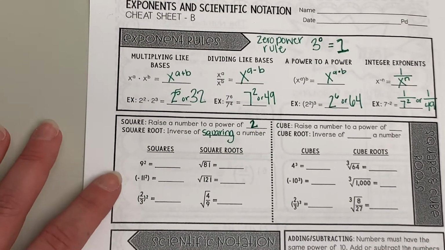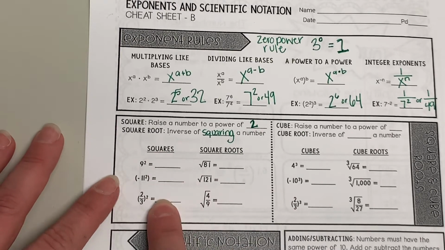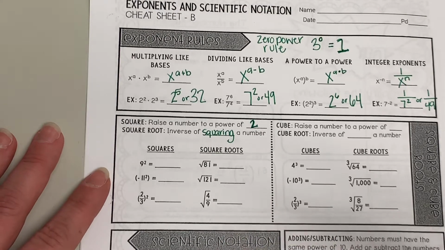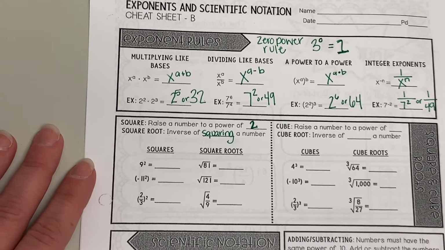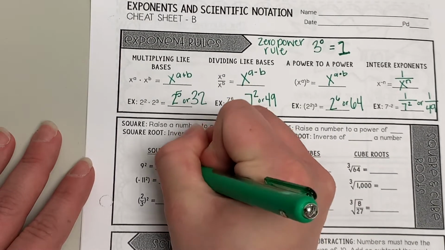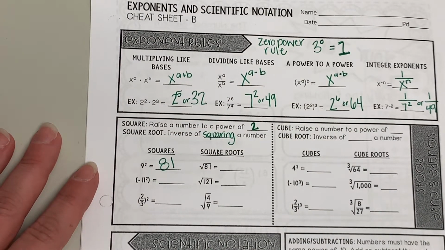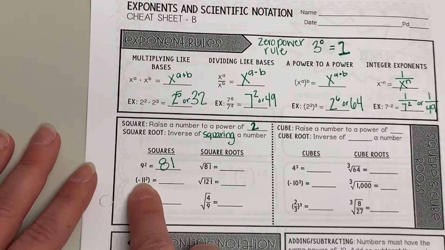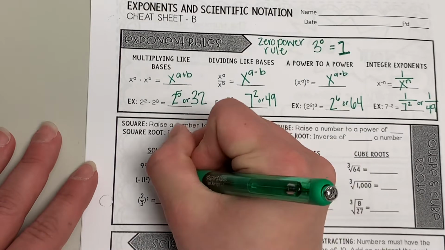So let's try. If I'm squaring, I'm making it bigger. Square rooting, I'm making it smaller. You're getting to the root of that number. 9 squared, 81. Negative 11 squared. Don't forget, a negative times a negative makes a positive.